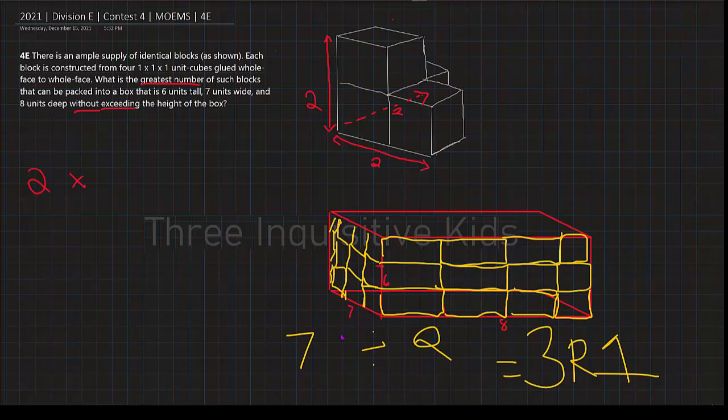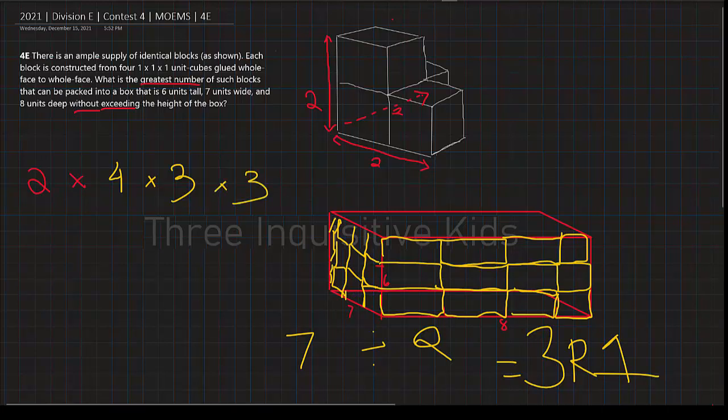But how many do we have? There's 4 over here, times how many are stacked on top of each other, 3, times another 3 because of over here, 1, 2, 3 blocks.